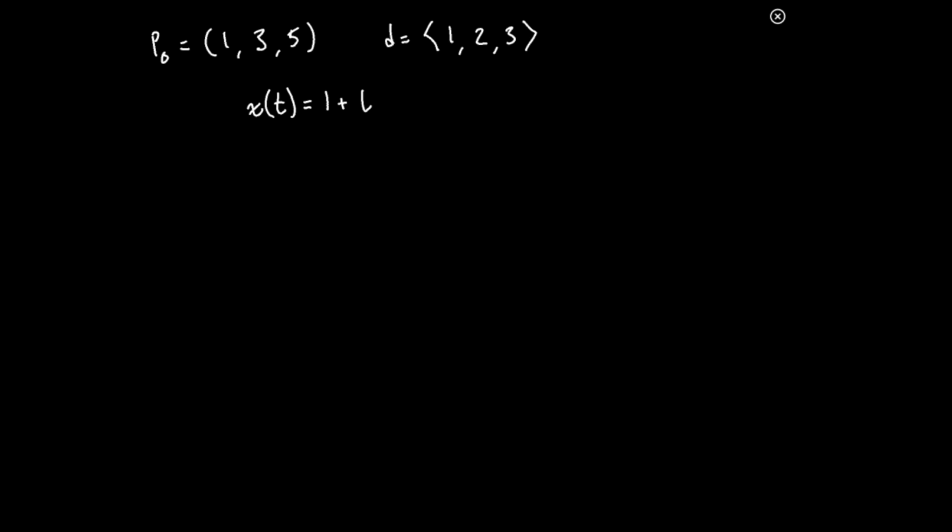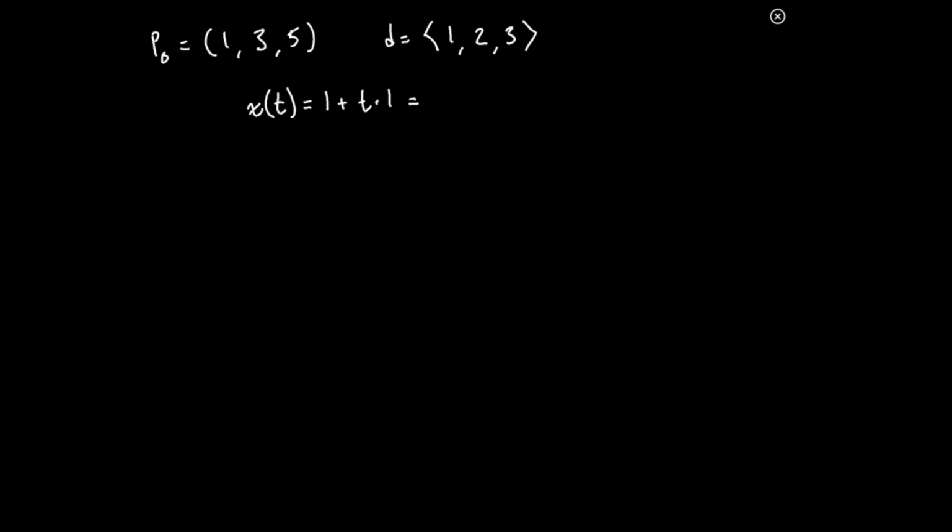So if I'm given that p naught is equal to 1, 3, 5, and that d is equal to 1, 2, 3, then my parametric set of equations is going to be x of t equals my x naught, so 1, plus t times my first component of my vector, which is 1.